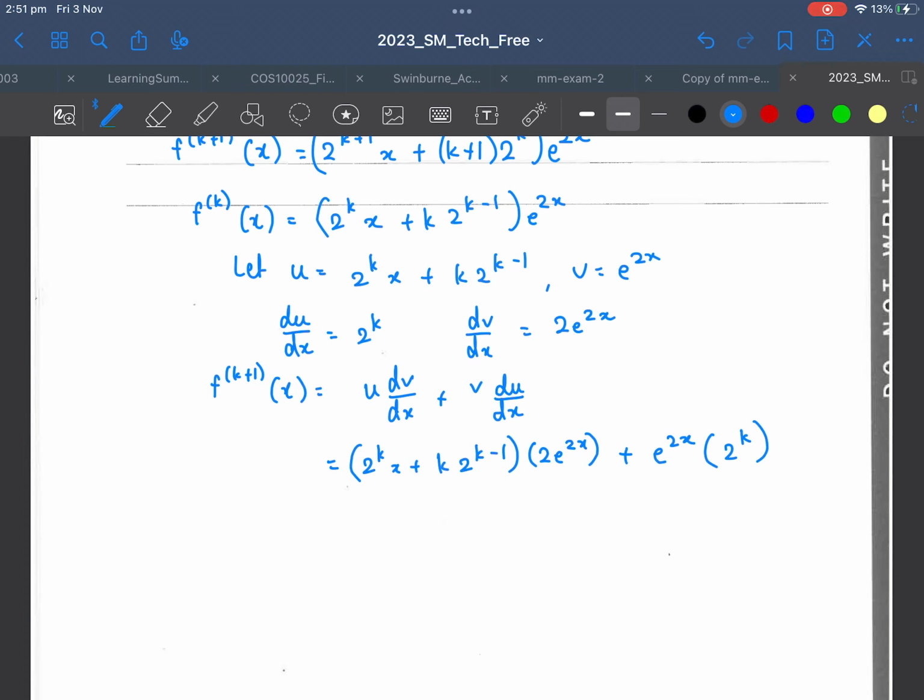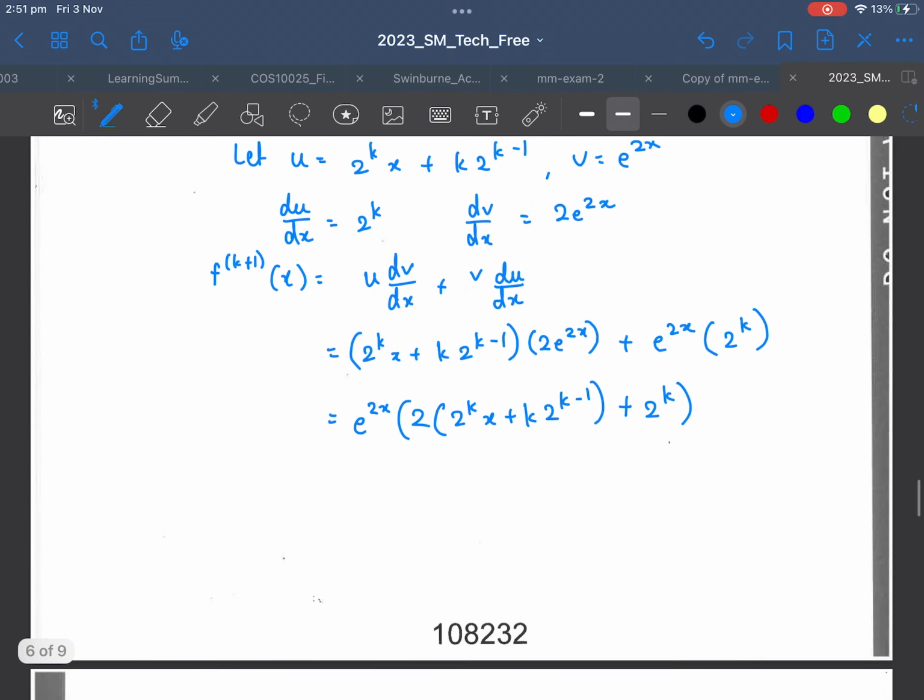Okay, now I'm going to take out e to the power of 2x as a common factor, so it equals 2 e to the power of 2x times 2 to the power of k x plus k 2 to the power of k minus 1. Oh, hold on, I'm forgetting a 2, so that would become 2 times 2 to the power of k x plus k 2 to the power of k minus 1, and plus 2 to the power of k, if I'm not wrong. Let me just double check.